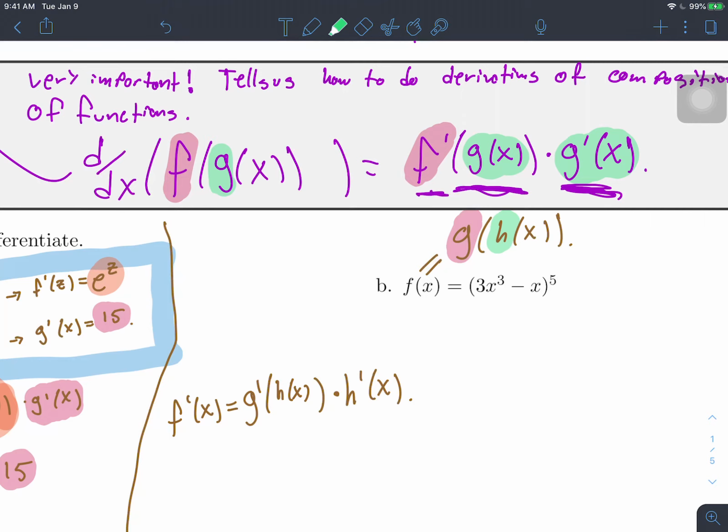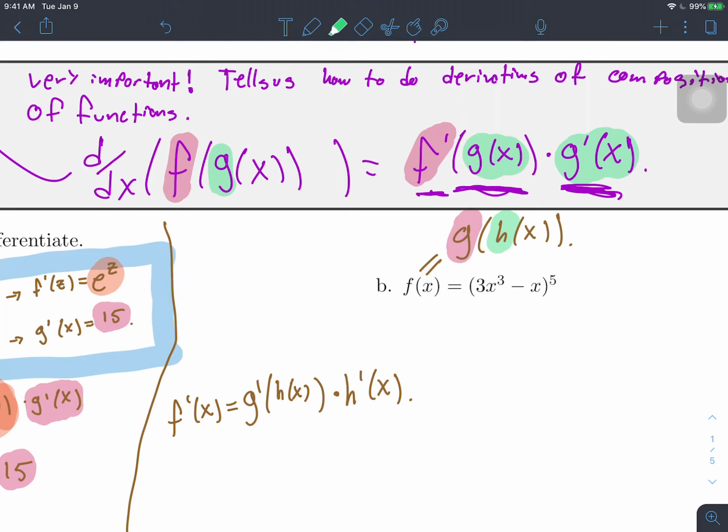So this is just to say that if I do the derivative of all this jazz, I should do it in the same way that I do the derivative of f of g of x, except I should keep track of which is the inside and which is the outside function, and then write it in the same way.